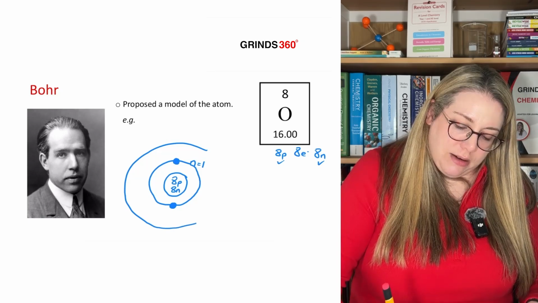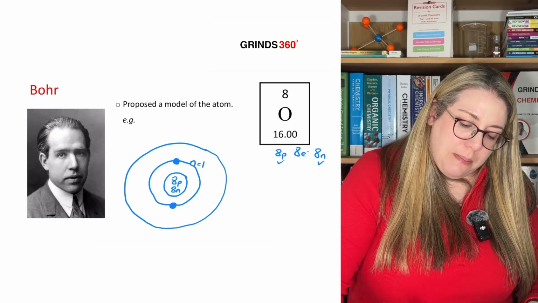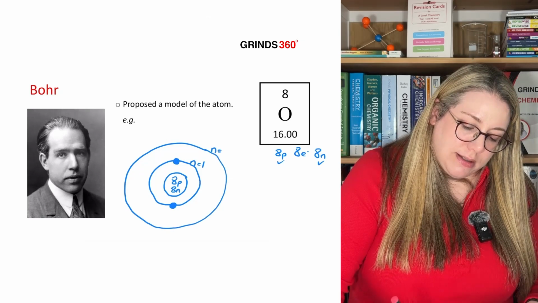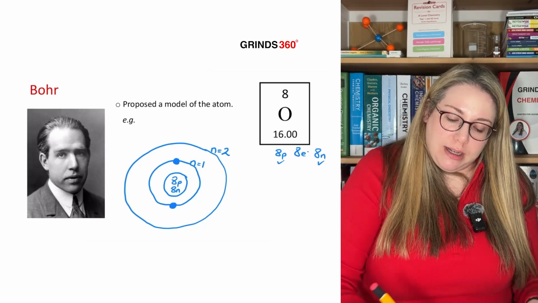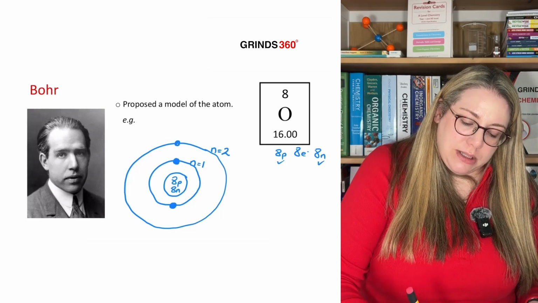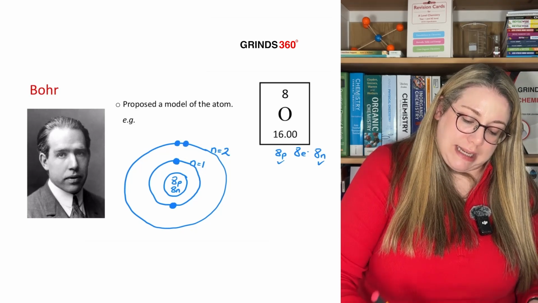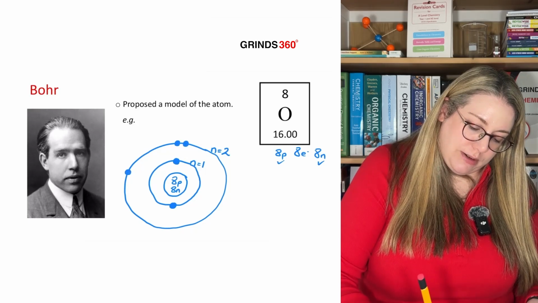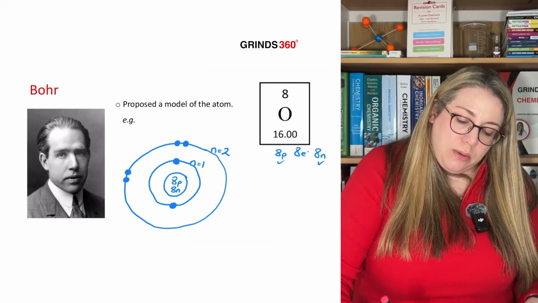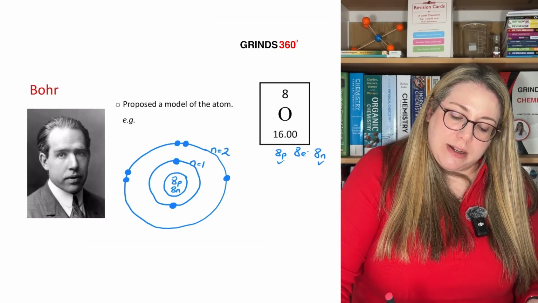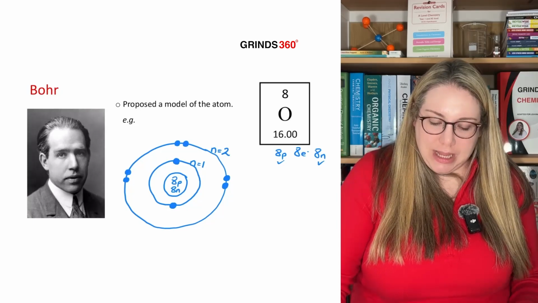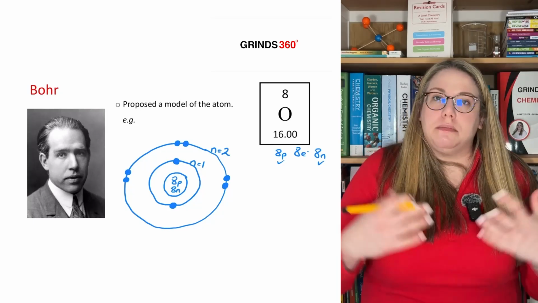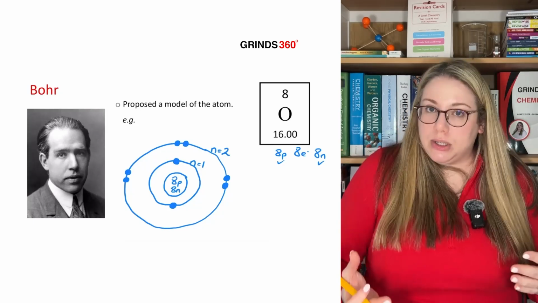In the second energy level, that can hold a maximum of 8 electrons. We have 8 in total in oxygen. You've already got 2, so that means n is equal to 2 will hold 6 for oxygen. It can hold up to 8, but then there would be too many electrons for oxygen, so it's 6. Now, that's what the Bohr structure of an atom looks like.